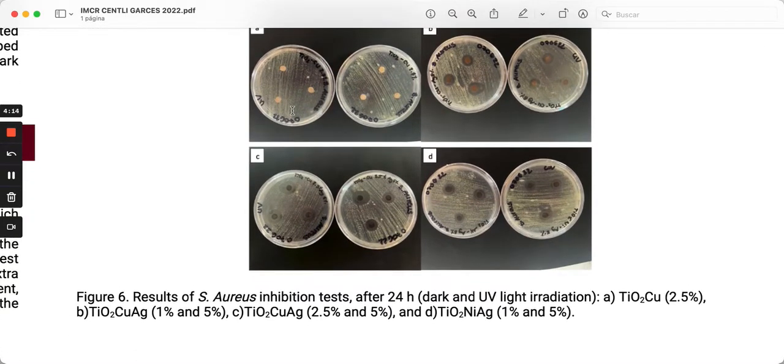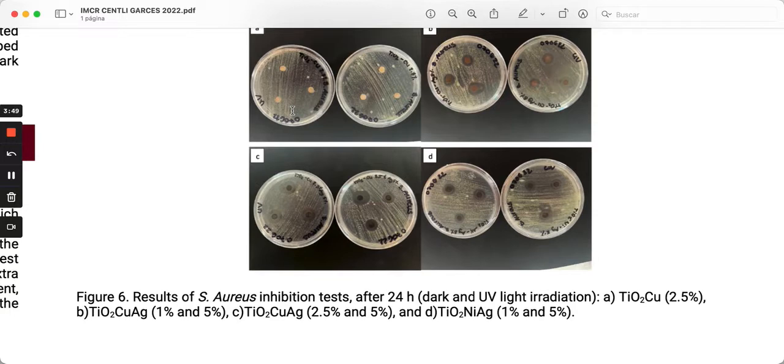Well, in this figure, we can see how, after following the Kirby-Bauer methodology, Aureus was incubated in enriched agar. Subsequently, three filter paper discs were added, which were previously submerged in a solution containing the catalyst to be analyzed.